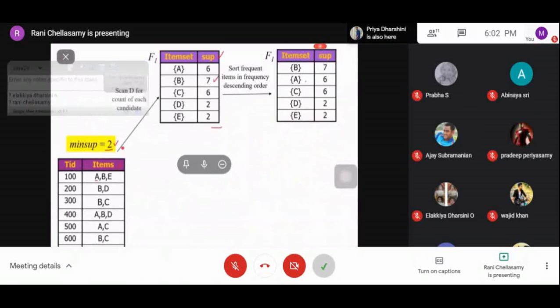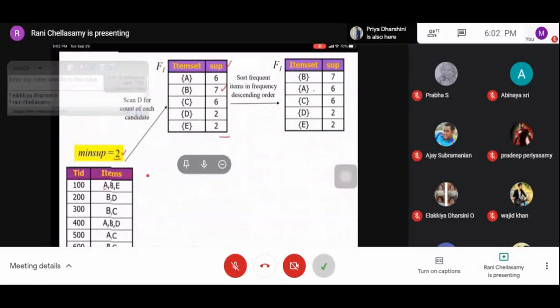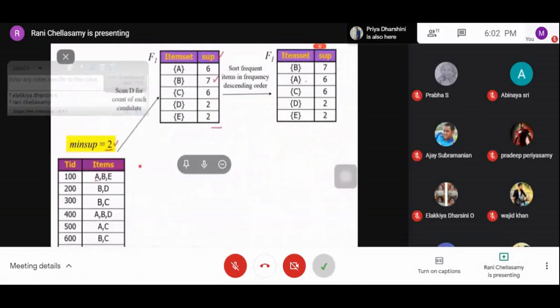D means this is the database. You have to scan D for the count of each candidate. What are the items listed in this database? See here: A, B, C, D, E. So five items are listed in it.